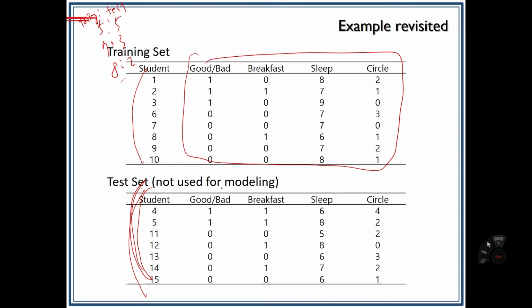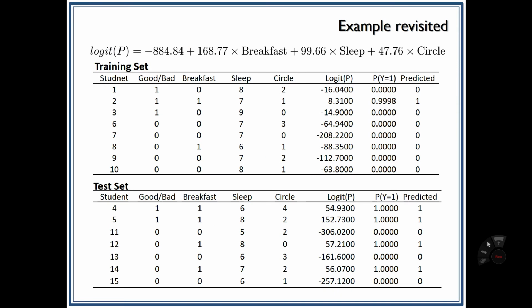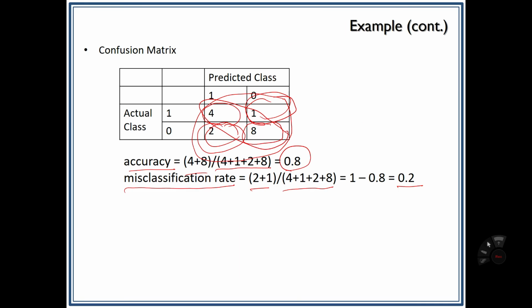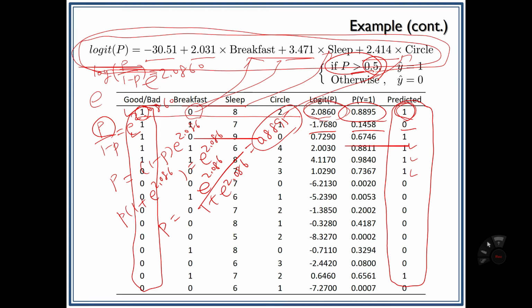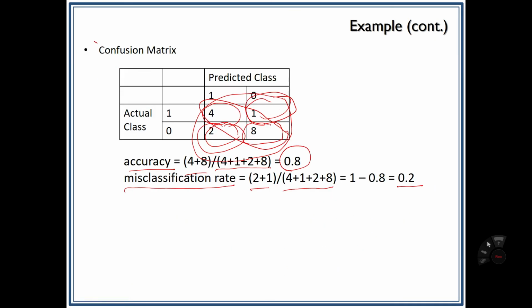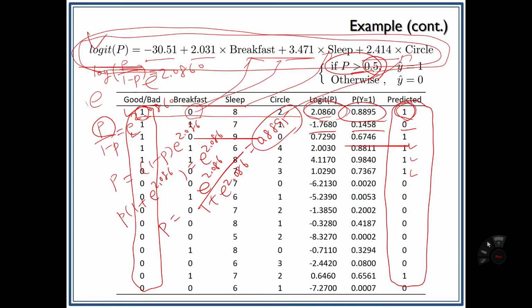Okay, after that, we use these parts only. We do not use this part for training a classifier, for training a logistic regression model, because the data set for training is different from the earlier example. Actually, there we used all 15 objects to get that logistic regression model.